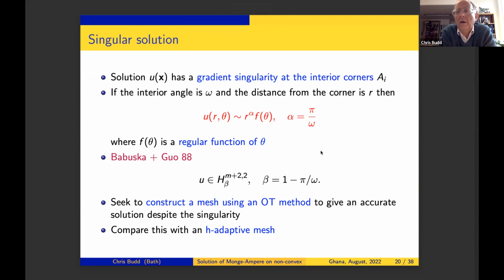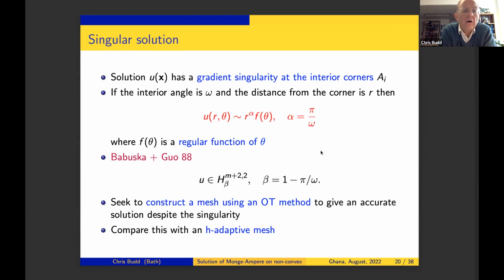If you have an L-shaped domain, the interior angle is 3 pi over 2, so alpha is 2/3. So u is r to the 2/3 f of theta, so its derivative is r to the minus 1/3, and that goes to infinity as r goes to 0. And there's our singularity. That's typically what things look like at corners. And if the angle was, say, 2 pi, which is even worse, then you would look like r to the half.